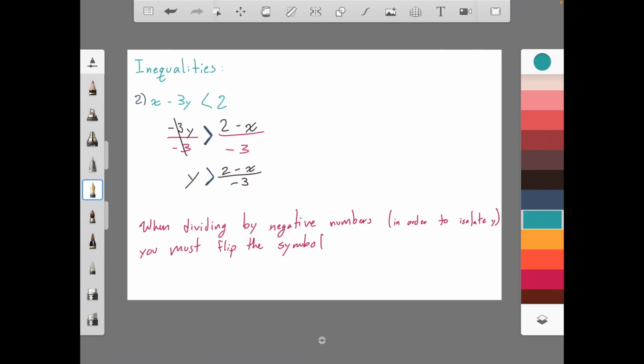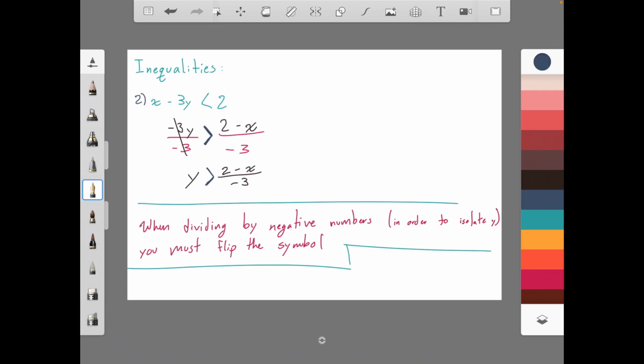This is something very important to keep in mind, because sometimes you may mess up with this part, and probably you would get y is greater than 2 minus x over negative 3 without flipping, but that of course is the wrong answer.